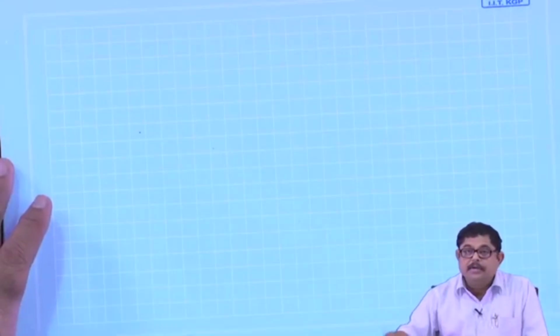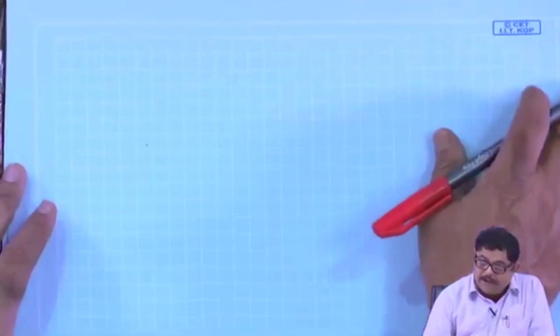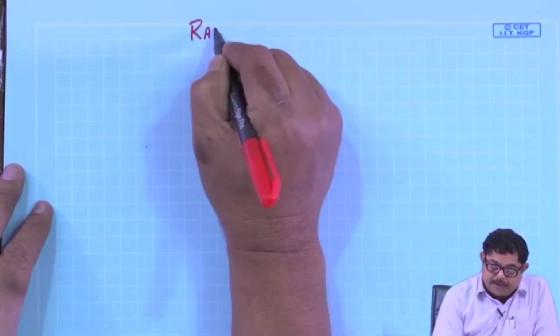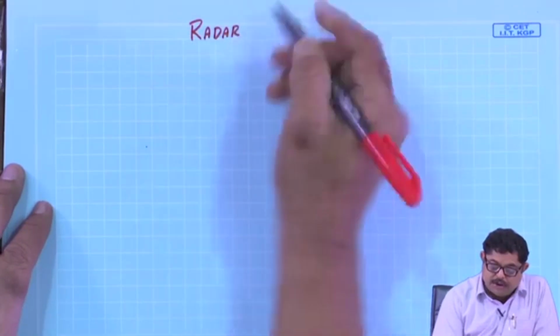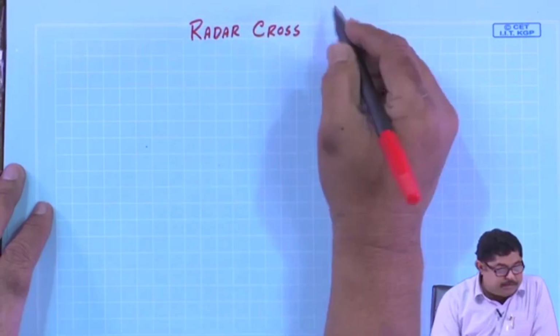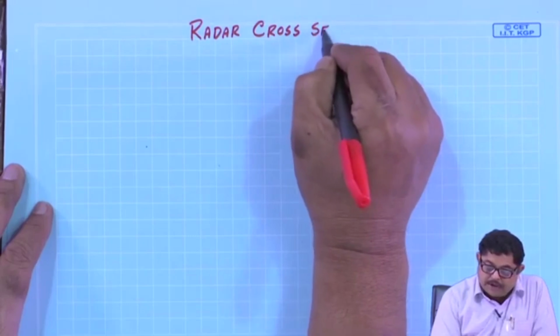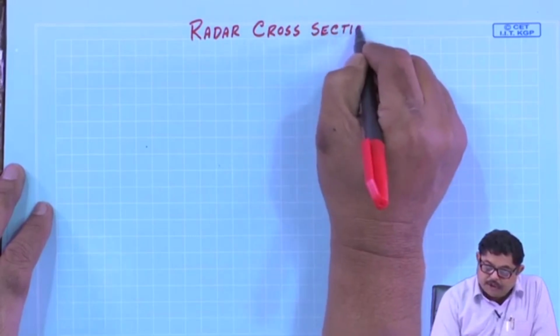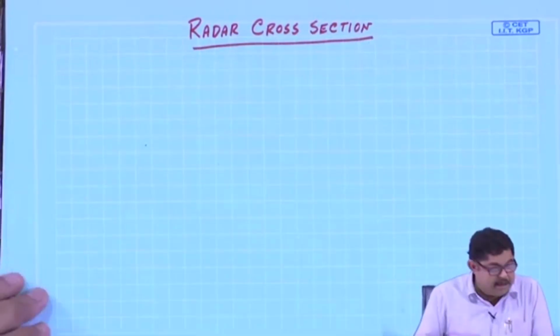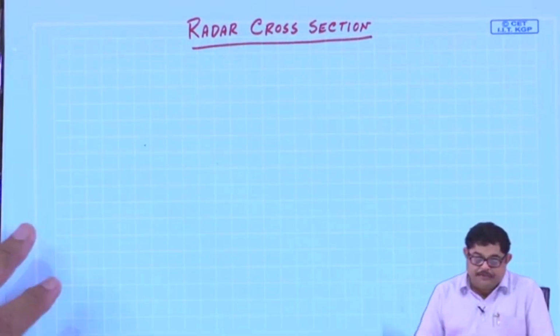Okay. So, next we come to another very important parameter of the radar. We have introduced this parameter in the radar equation, but here it requires some separate understanding. Because this is one of the fundamental parameters of radar, it is called radar cross section.